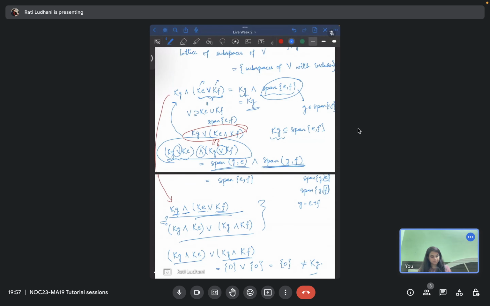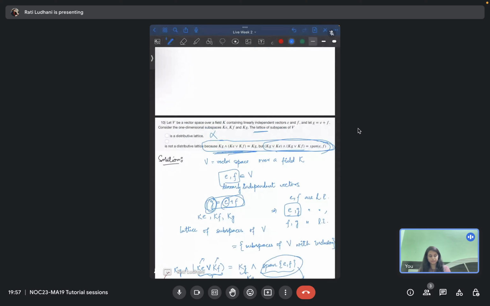Anyway, that is again not equal, but the point is this should be checked. So both of these statements are not actually right, so this is just not a distributive lattice.